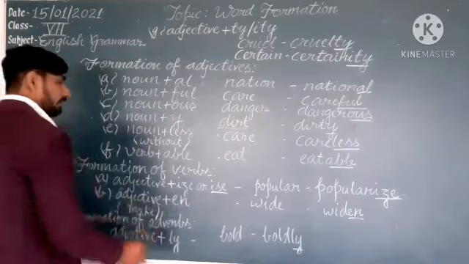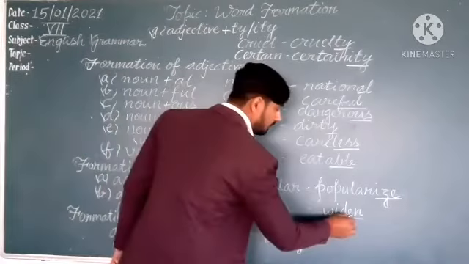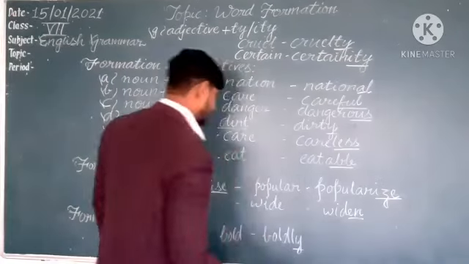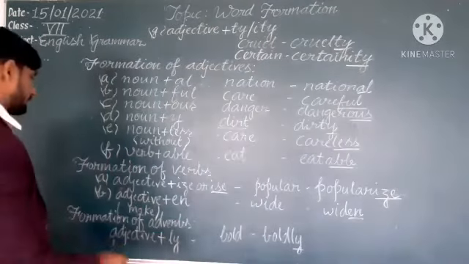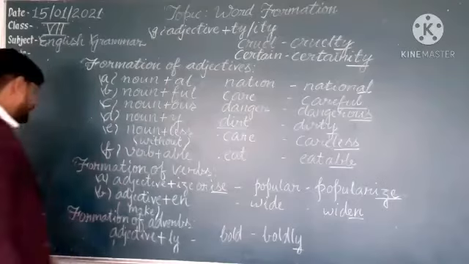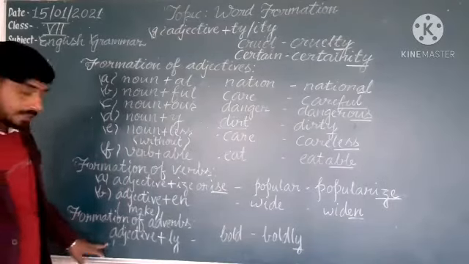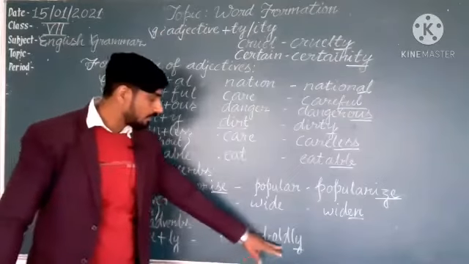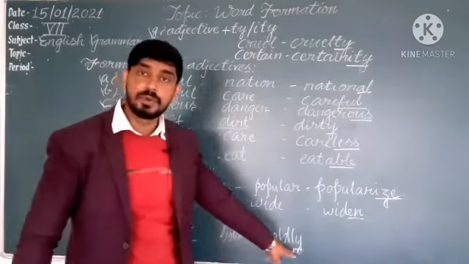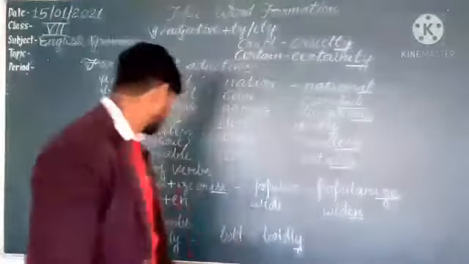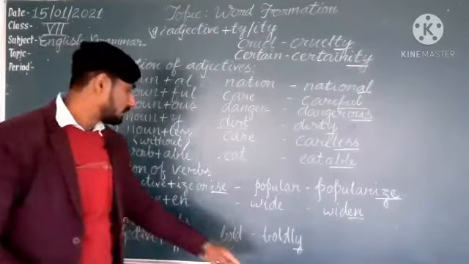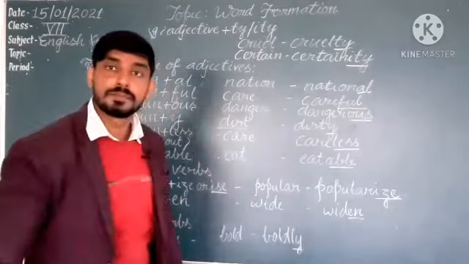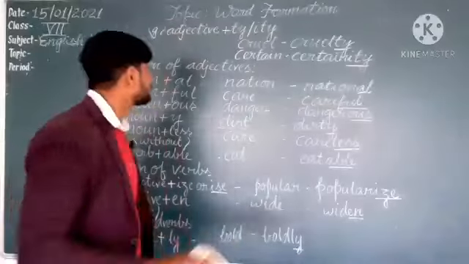Adjective plus en, you are adding the word wide, afterward we are adding en, widen. Next, formation of adverbs. Adjective plus ly. You are getting the word bold, and afterward we are including ly. Boldly. Understand? By adding ly, it becomes an adverb. Understand?